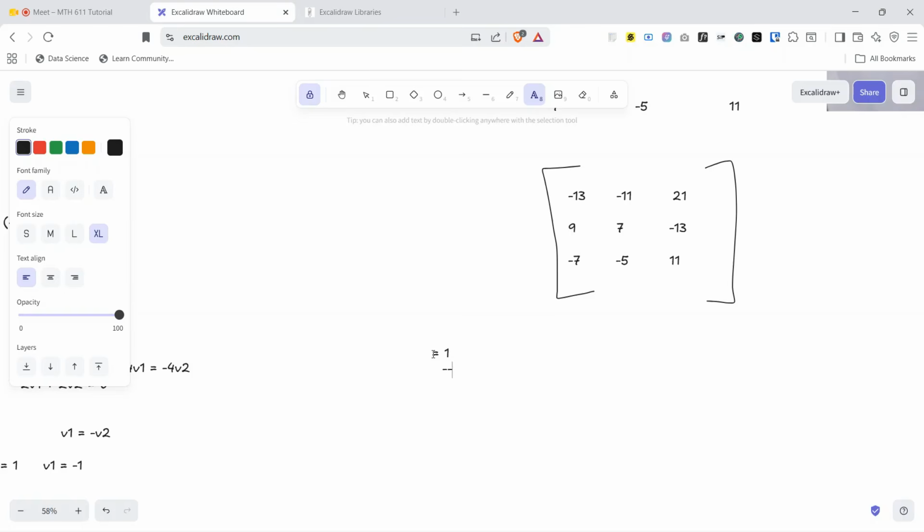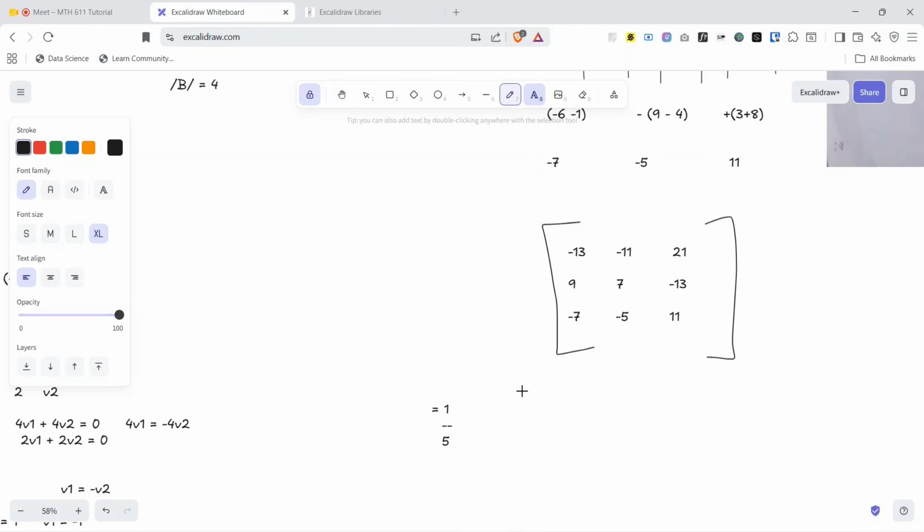over, remember our adjunct is 5, right? 1 over 5. Now, when we want to write this matrix, we'll turn rows into columns. Each of these rows would become a column. What I mean by that is this would be the rows now.